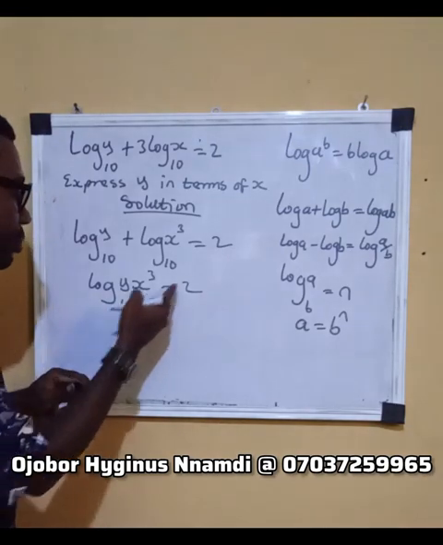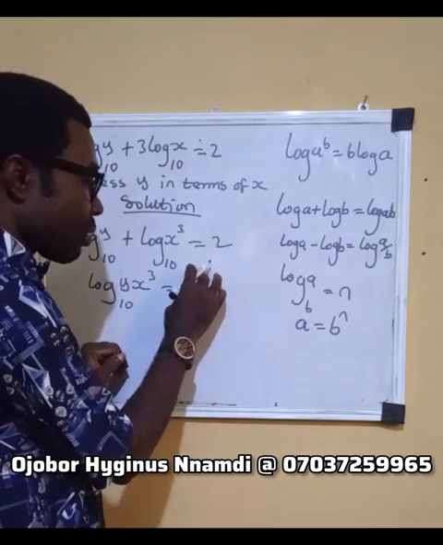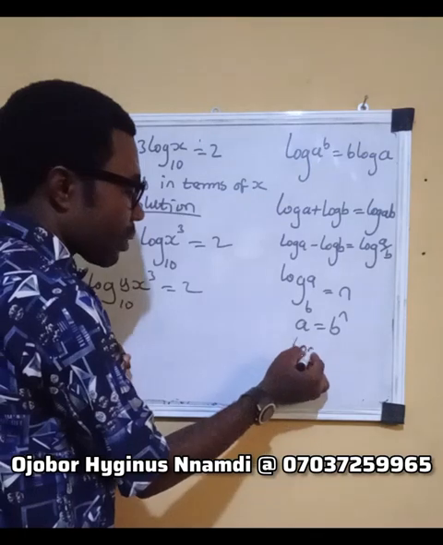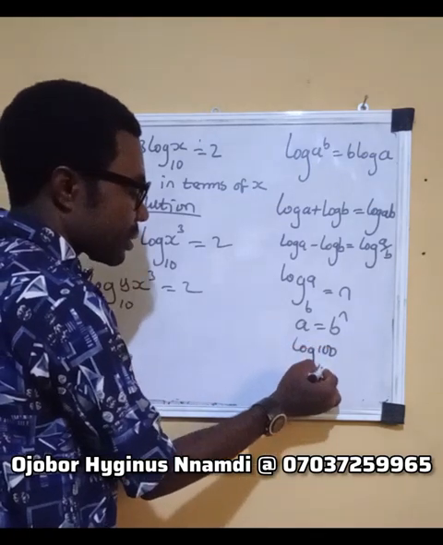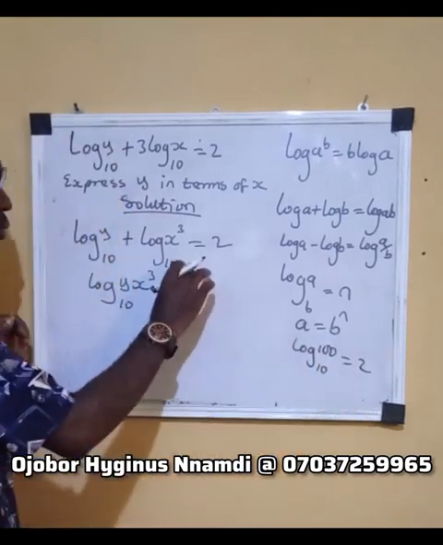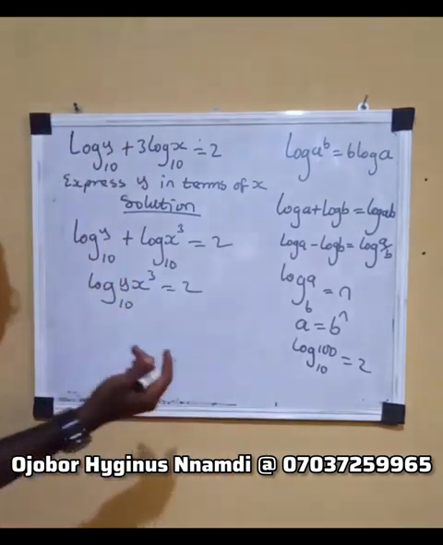If you follow that, 10 raised to power 2 is equal to this. We can also change this 2 to a logarithm in base 10, where 2 is log 100 base 10, so that I can remove the logarithm. Whichever way you choose will give you the same answer.